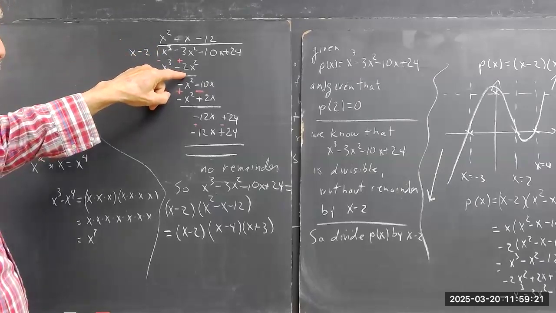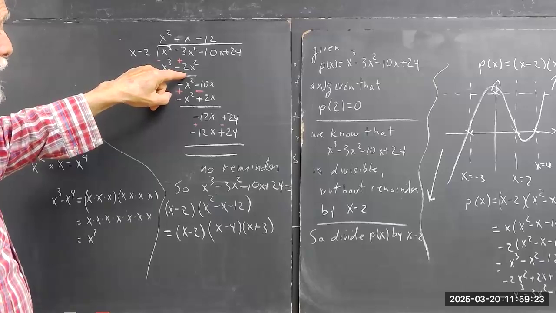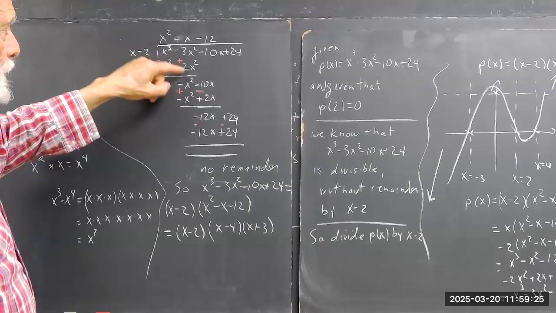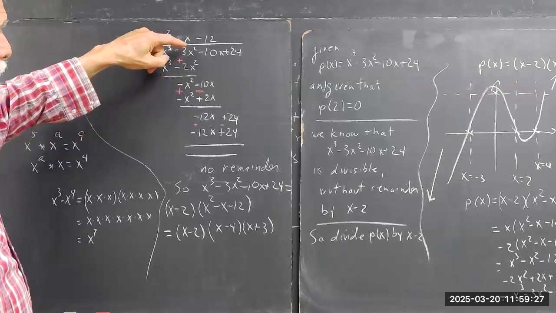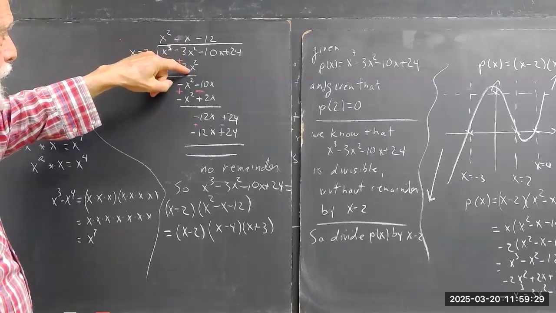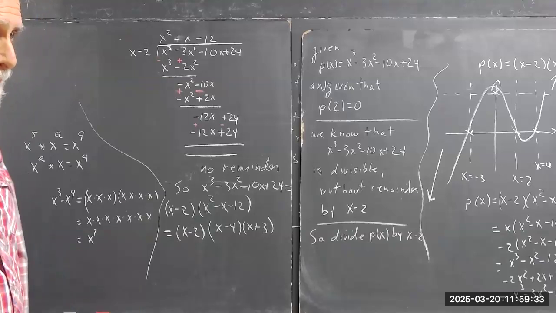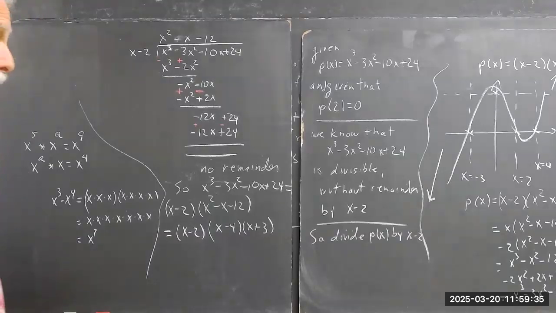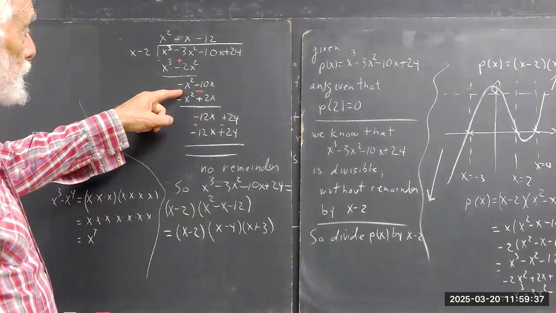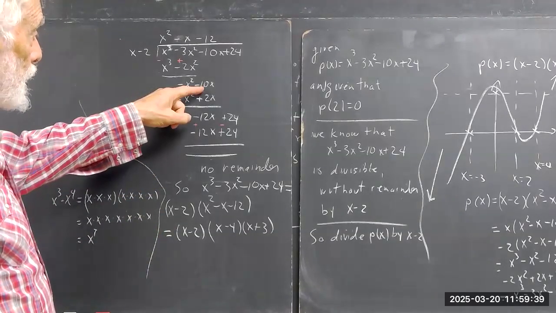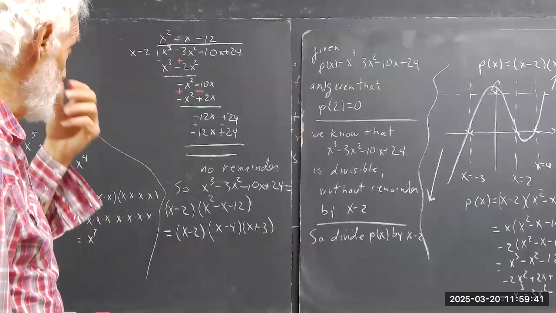And I've got a -2x squared that's going to be subtracted. That's the same as adding 2x squared, so I put a little plus there. So I do -3x squared plus 2x squared to give myself -x squared. Now I'm still going to need -x squared, and I'm going to need -10x, and I'm going to need plus 24.